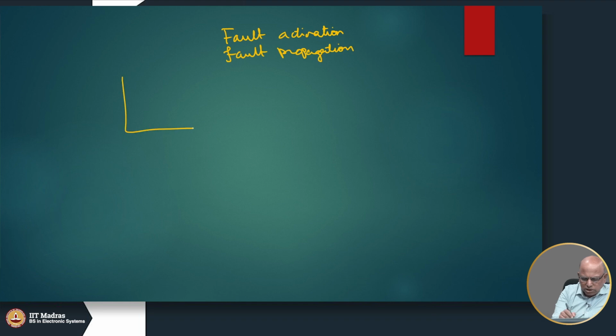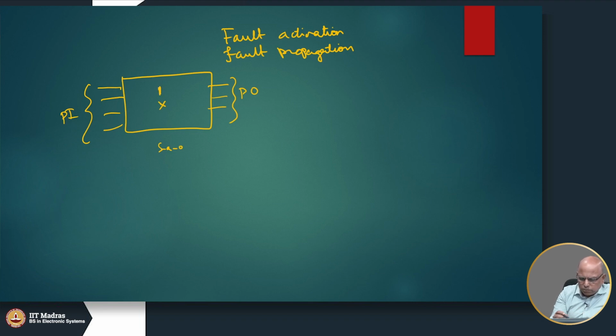So, if I have a combinational logic and there is a fault, these are my primary inputs and these may be primary outputs. When I say activate the fault, suppose this fault is a stuck at 0 fault, then I have to place a 1 here.